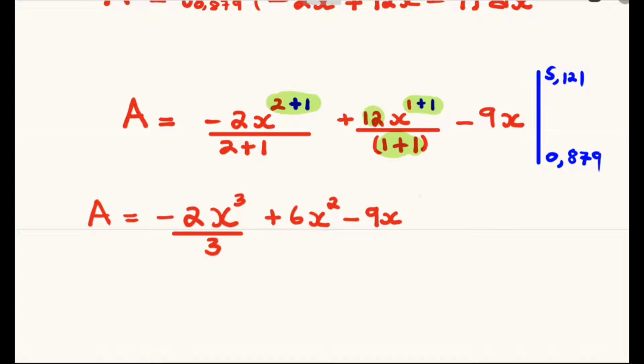And we still have our bounds, which we are to substitute now.